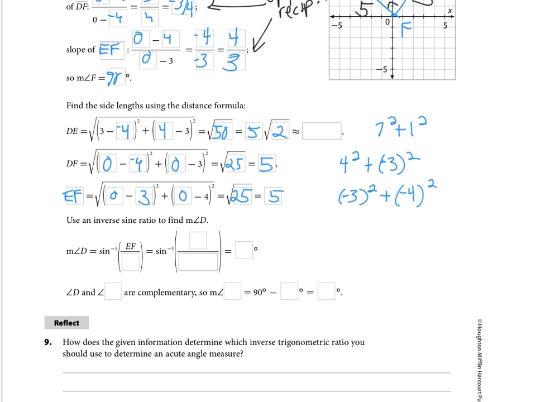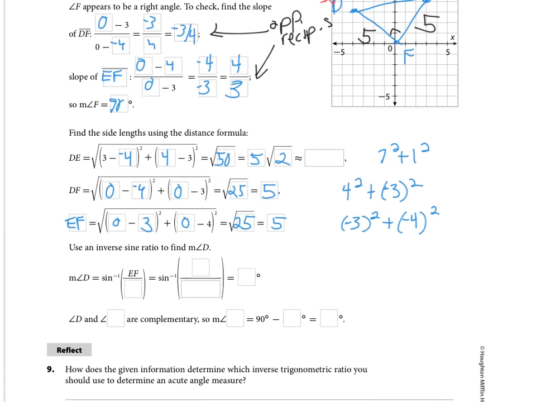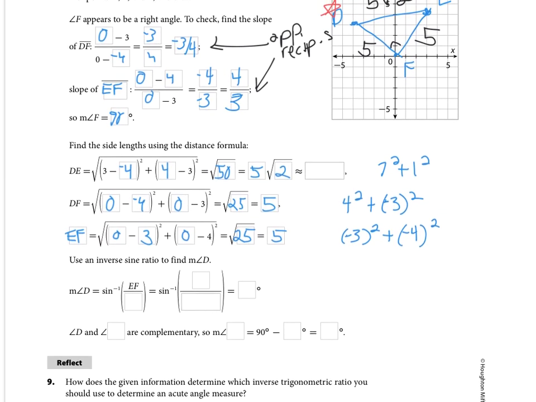Measure of angle D, oops, lost my diagram. Measure of angle D is going to be EF, which is our opposite, over our hypotenuse, which is DE. And if we have the inverse sine of EF, which we know is 5, over DE, which is 5 radical 2, on our calculators there, just remember to put all of that 5 radical 2 into parentheses in the denominator.